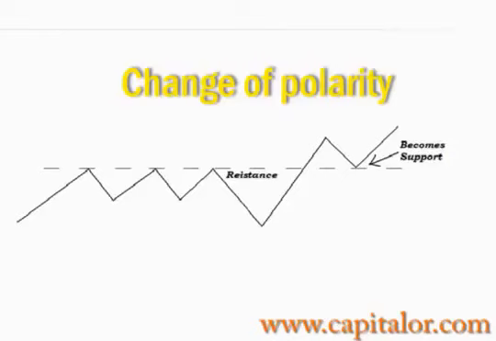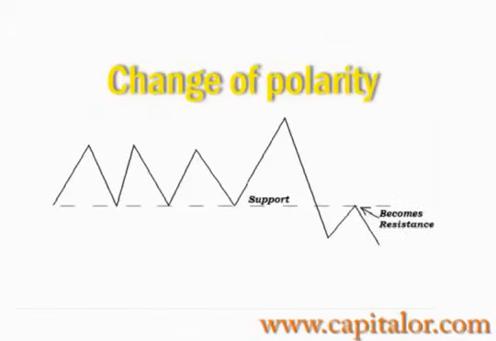Change of polarity. The pattern known as change of polarity means either that when a resistance is broken, it automatically becomes a support, or that when a support is broken, it automatically becomes resistance. If you are aware of resistance and support lines, the pattern known as change of polarity is quite simple to remember.